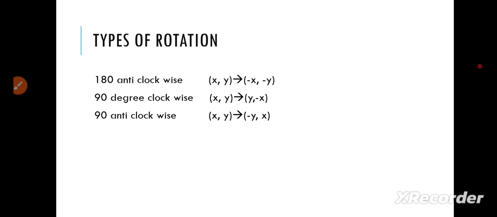For 90 degree clockwise direction, we are going to flip the coordinates. The x coordinate becomes the y coordinate and the y coordinate becomes the x coordinate, and we are going to assign a minus sign to the second coordinate. Now for anti-clockwise 90 degree, again we are flipping the coordinates, but the negative sign comes to the first coordinate.